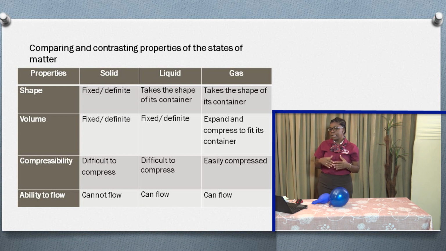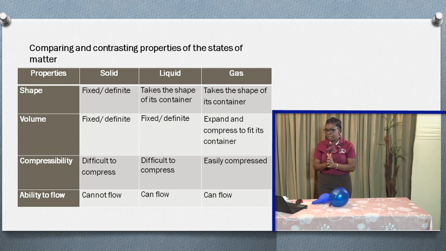But for gases and liquids, the shape is not fixed. They take the shape of their containers. Volume. The volume for solids, they're fixed. It doesn't matter where you put them, the volume or the space they take up is the same.